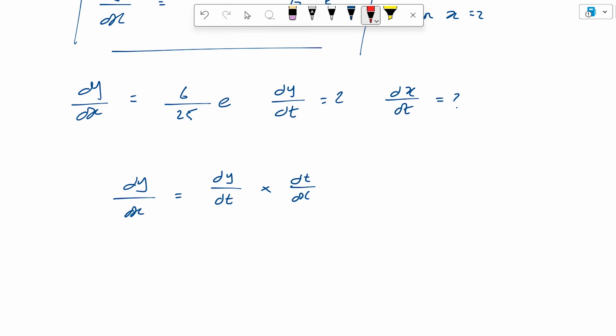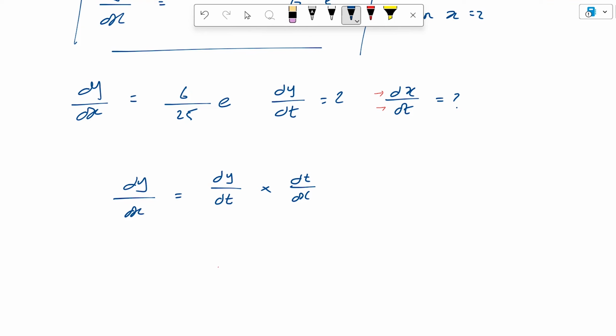In order to make dt over dx become dx over dt, we simply need to send this over here and divide dy over dt by dy over dx.